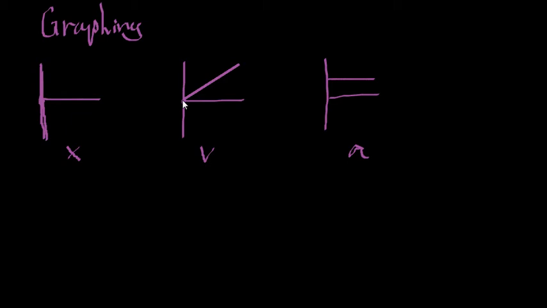So right here x is a horizontal line. It's not moving. v starts really small and gets bigger and bigger and bigger. It means the object is getting faster, faster, faster. So it moves like this and gets faster and faster. That's how it moves.